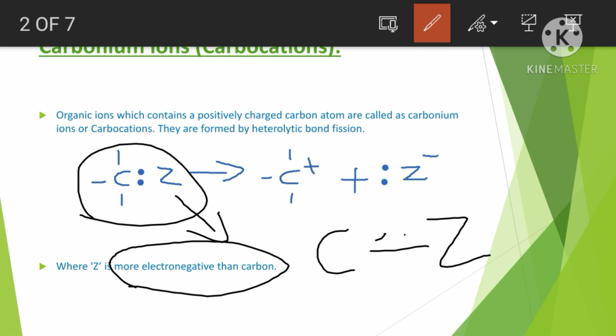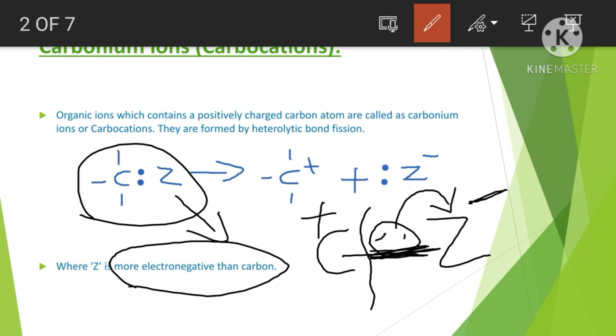Here there are two electrons, and this is the covalent bond, and this bond breaks heterolytically. Here Z is more electronegative, that's why the two electrons are shifted towards the Z atom or molecule, and it gains a negative charge. Because of the loss of electron, the carbon atom gains positive charge.